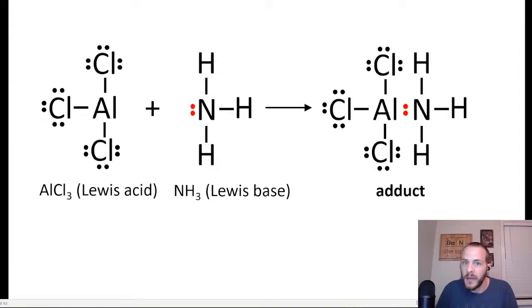Molecules like AlCl3, which don't have a single hydrogen atom in there, can be considered acids because they are electron pair acceptors. You don't have to have a hydrogen atom in your molecule anywhere to be considered a Lewis acid.